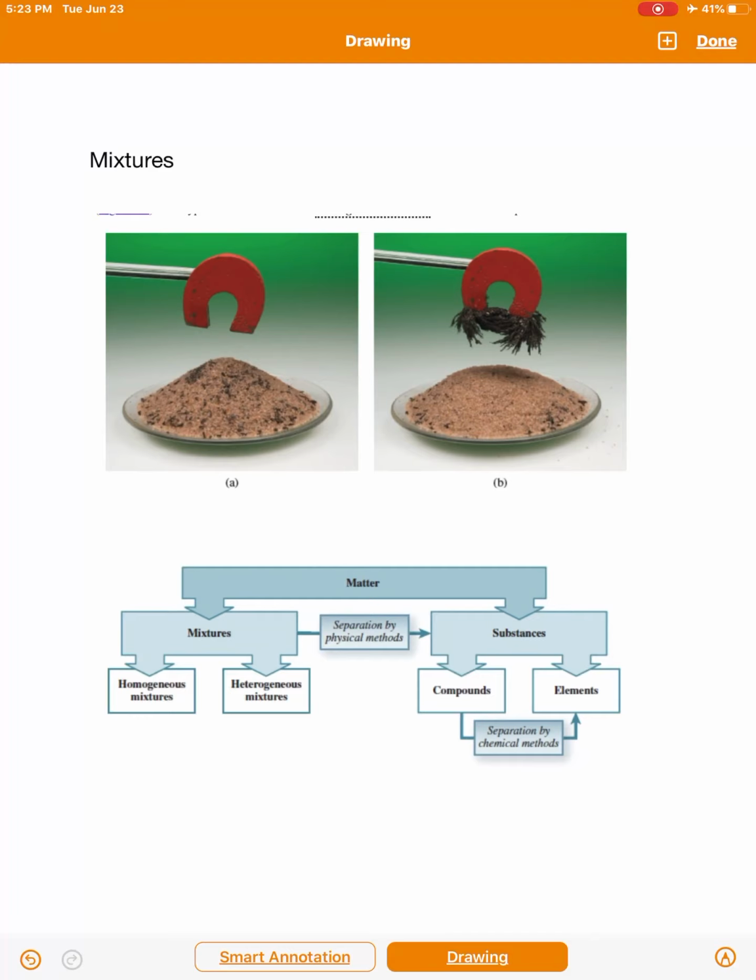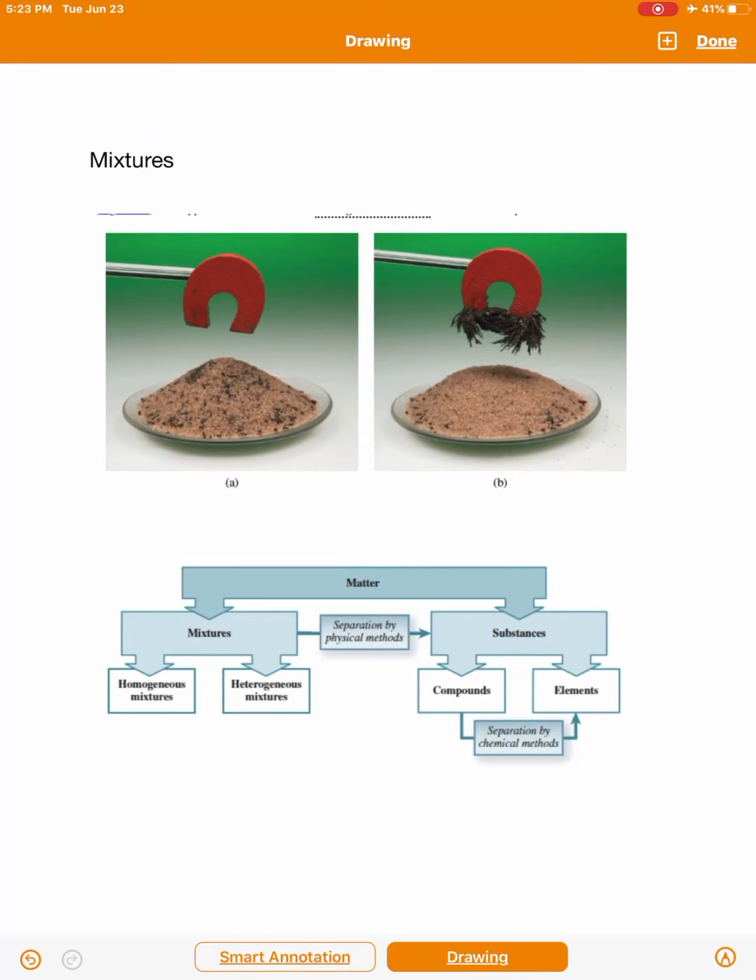So mixtures are combinations of substances, and those substances can be separated by physical means: boiling, freezing, magnetism, lasers, for example. Different physical filtration would be a good example in chemistry. Those are how you separate mixtures.